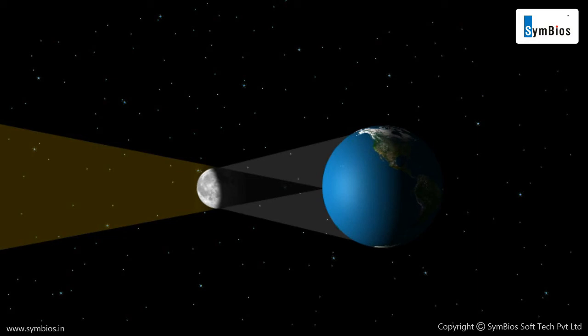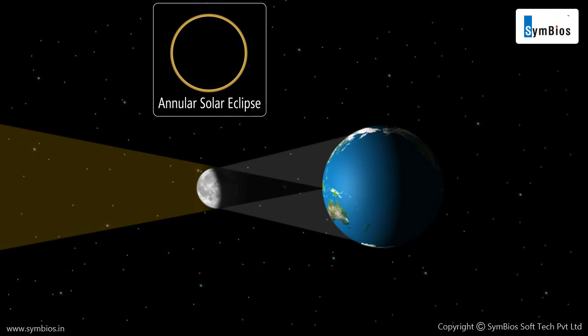If only the tip of the umbra reaches the earth, the person standing at that place can view only the outer rim of the sun, known as the corona. This is called an annular solar eclipse.